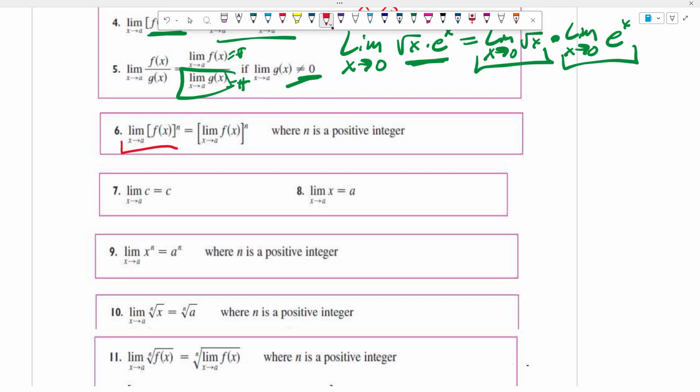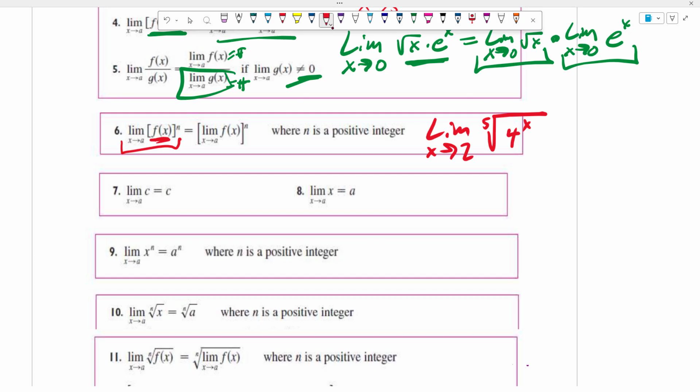Now this one, if we have some function to any power, for example, the limit as x goes to 2 of the fifth root of 4 to the power of x, really.